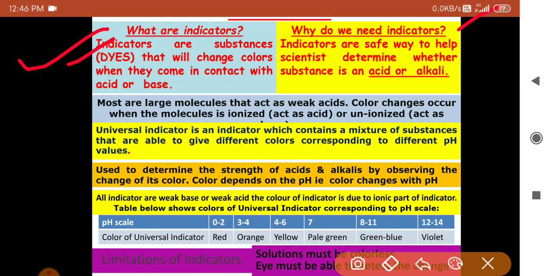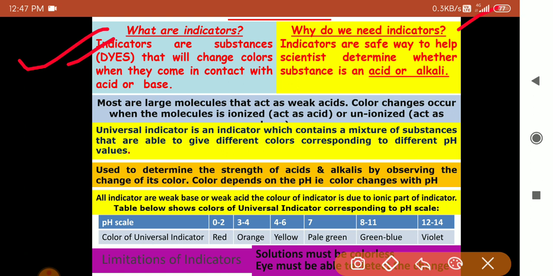Acids are sour in taste and bases are bitter, but you cannot check any unknown compound directly by tongue. That may be harmful because we don't know the nature of the substance, and if you put it directly on the tongue to taste, it can sometimes be very lethal and dangerous.